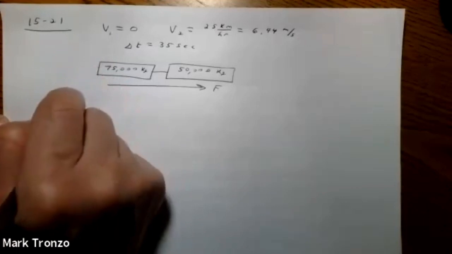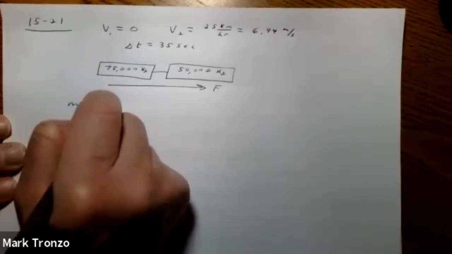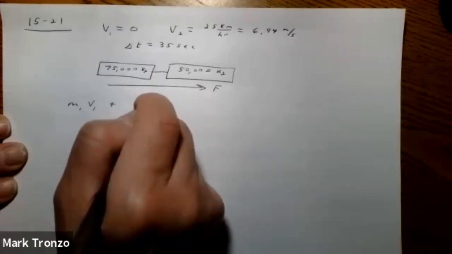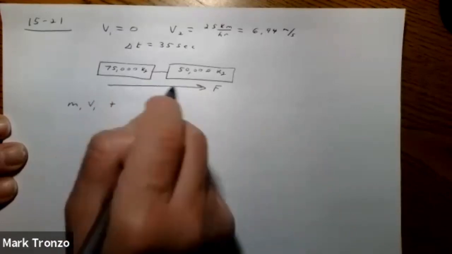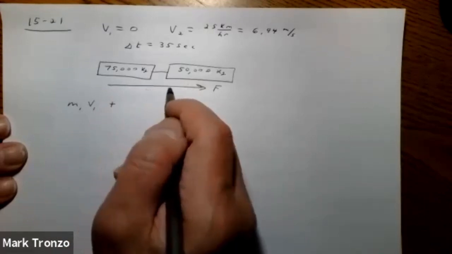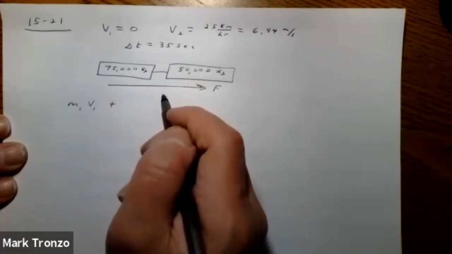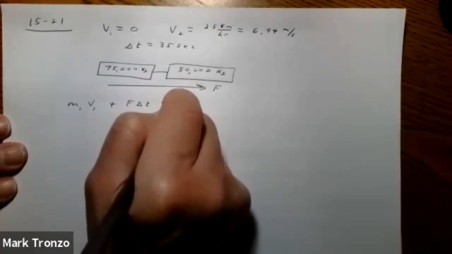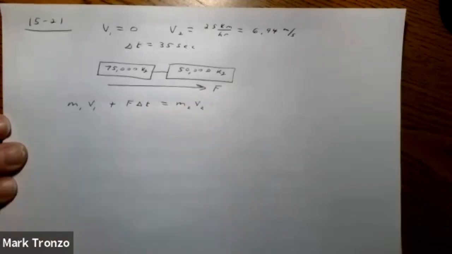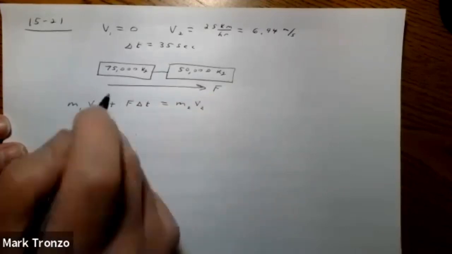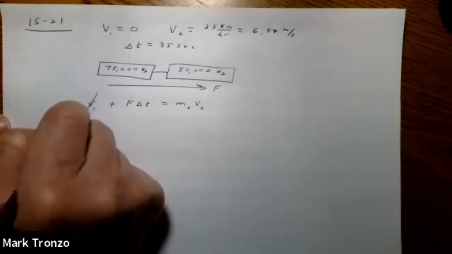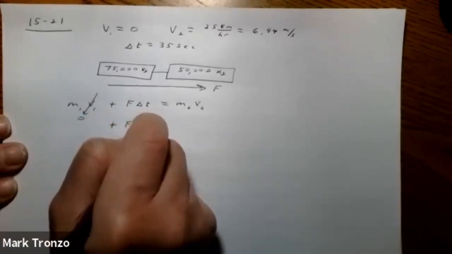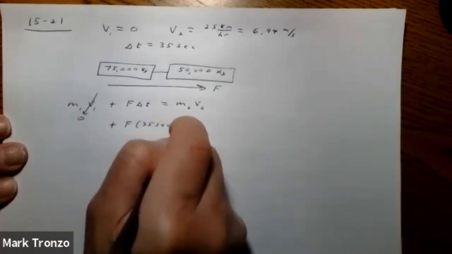So we can say, once again, starting from 0, m1 v1, plus, again, the integral of F dt. Once again, since the force is going to be constant, we can just use F dt. Let's just jump right to that. Equals m2 v2 here. Once again, we're starting at 0, so it's plus F times 35 seconds for the time.